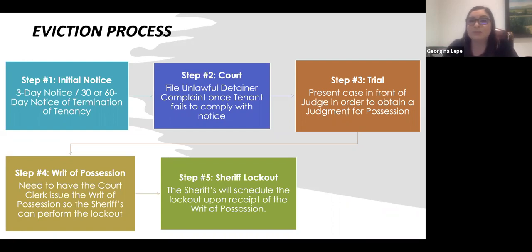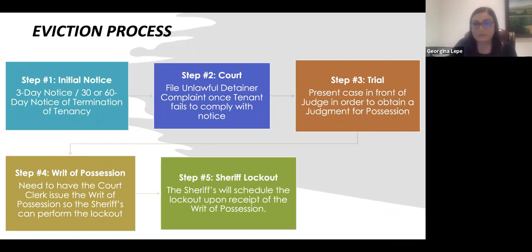The tenant was served with a 3-day notice, a 30-day notice, or a 60-day notice of termination of tenancy. The tenant has failed to comply with such notice. I, as a property owner, am asking for possession of the property in addition to past due rent and damages.